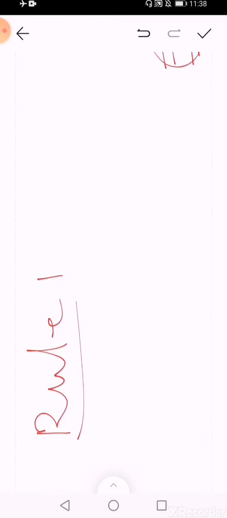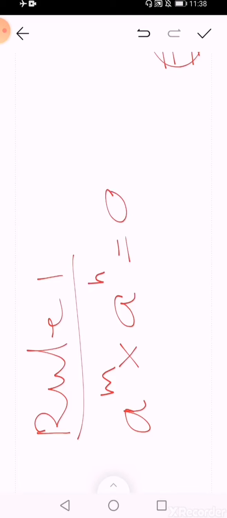This leads us to the rule. Rule 1 says a to the power m times a to the power n is equal to a to the power m plus n. So this is our first rule.